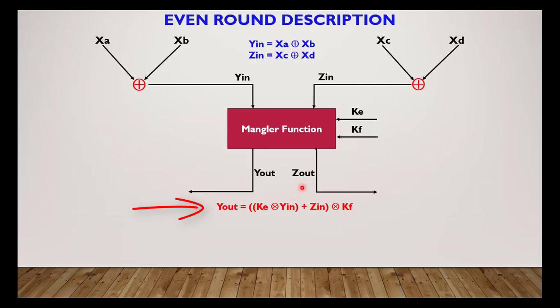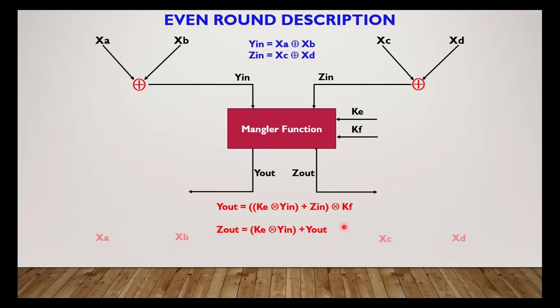And similarly, you see the Z out is KE multiplied by Y in, where KE is one of the keys, and Y in is one of the inputs to the Mangler function, and then this whole quantity will be added to the Y out that we have already calculated through this Mangler function. Fine.